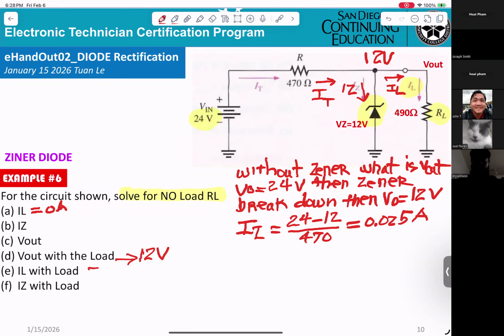That will be simple. You get the 12 volt divided by 490.